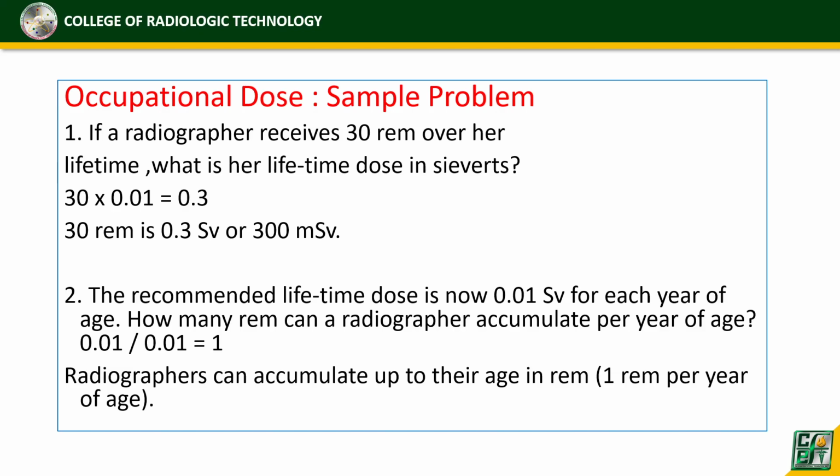If a geographer receives 30 rem over her lifetime, what is her lifetime dose in sievert? So 30 rem times 0.01 sievert.